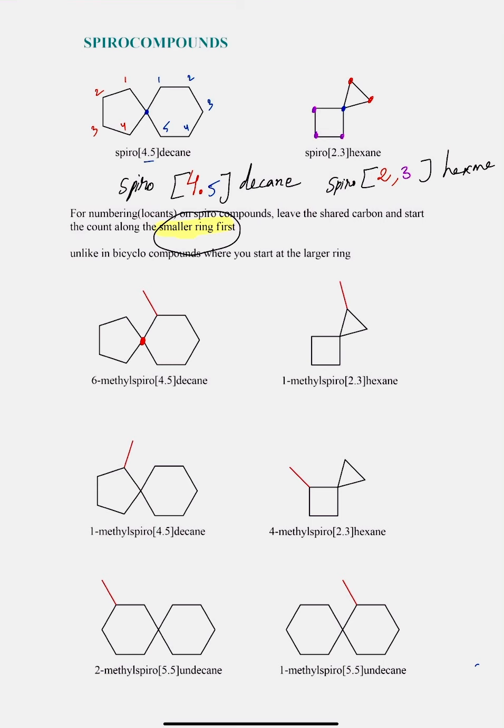So you leave the common carbon and you start numbering from the first carbon on the smaller ring, and then you come back, and you have the way for the fifth carbon here. So you number it 5 and then you continue with 6, 7, 8, 9, etc.